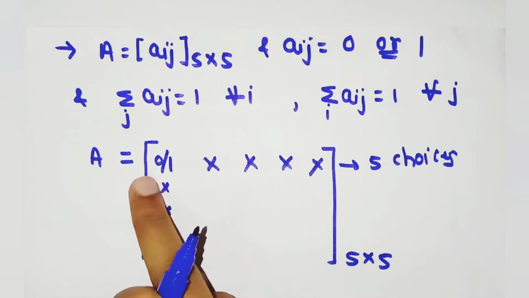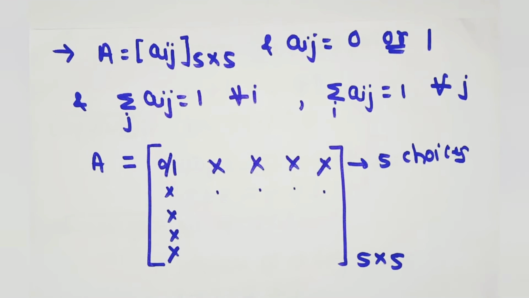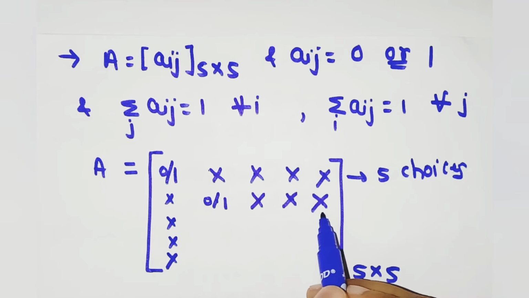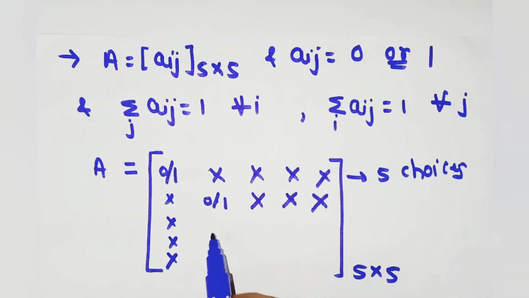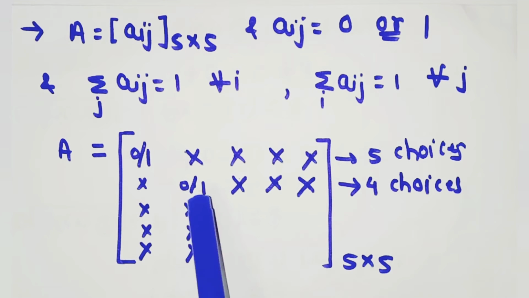That is, for the first row we have 5 choices. Now for the second row we have a total of 4 choices. If we put 1 here, we cancel the remaining places of the row.